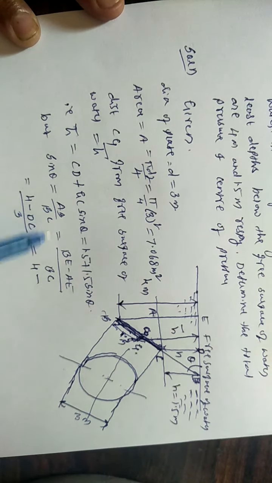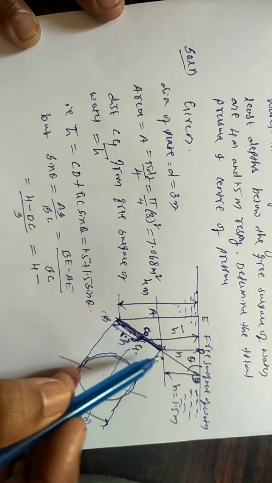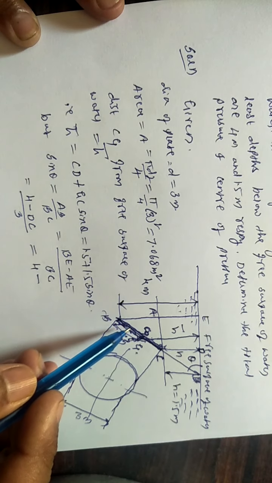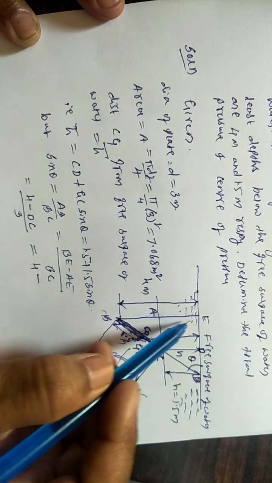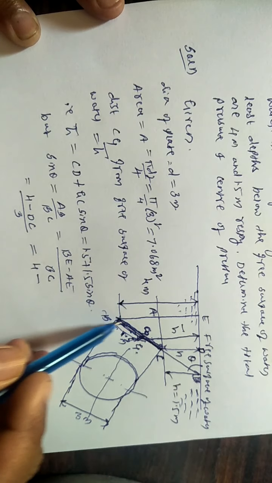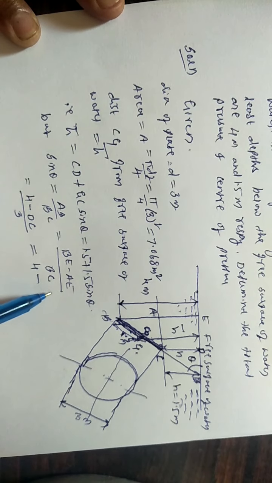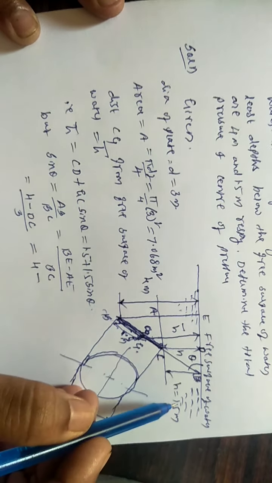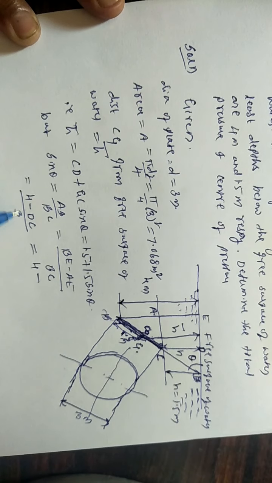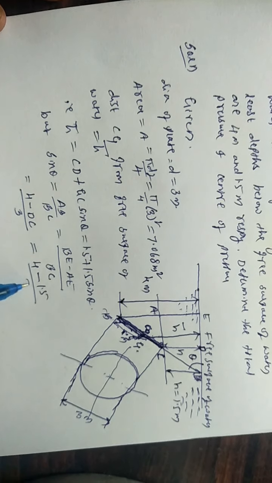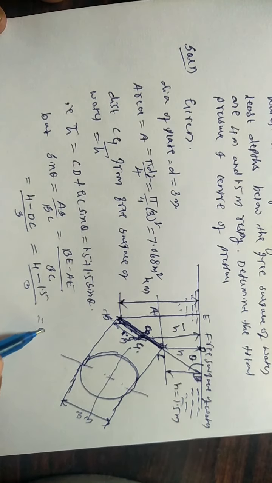So AB equals BE minus AE. Total length BE is 4, and AE is equal to CD. So BE is 4 meter and CD is 1.5 meter. So 4 minus 1.5 divided by 3, you will get 0.833.